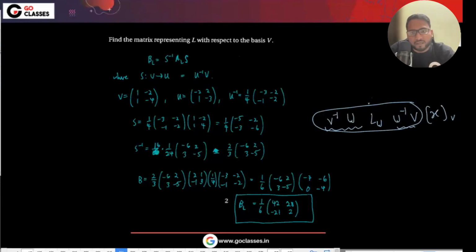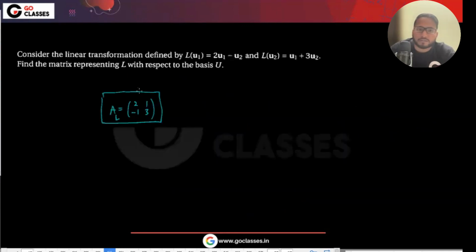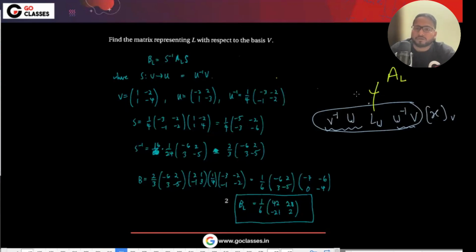They are saying this AL, because from the last example, this is the AL which we are representing as LU. S is U inverse V, which they are saying is S, and this is S inverse. So they are saying the final answer is S inverse ALS. Yeah, they are also doing the same thing.